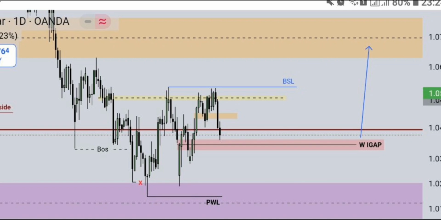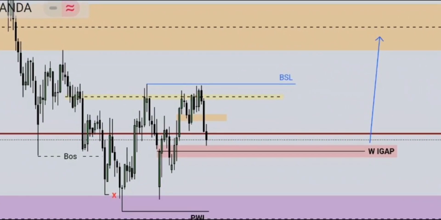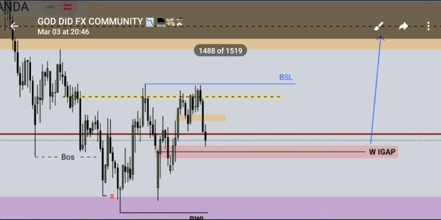So, the last 2 weeks, the previous 2 weeks, I was anticipating for this pair to buy from this orange tiny gap.